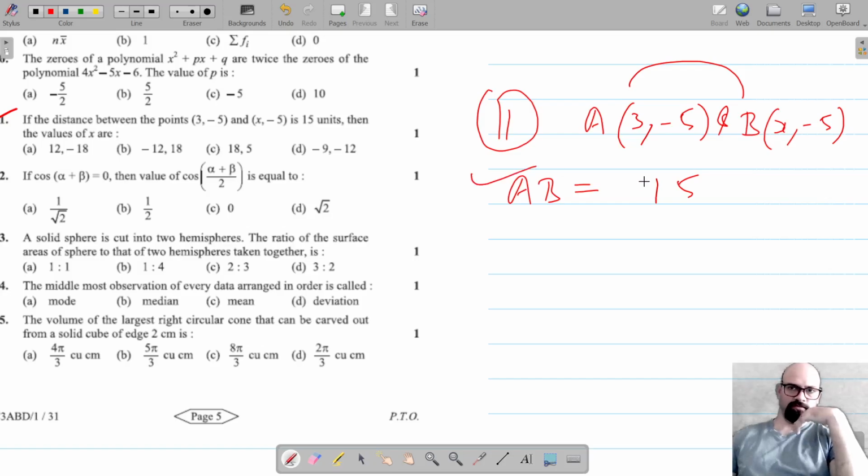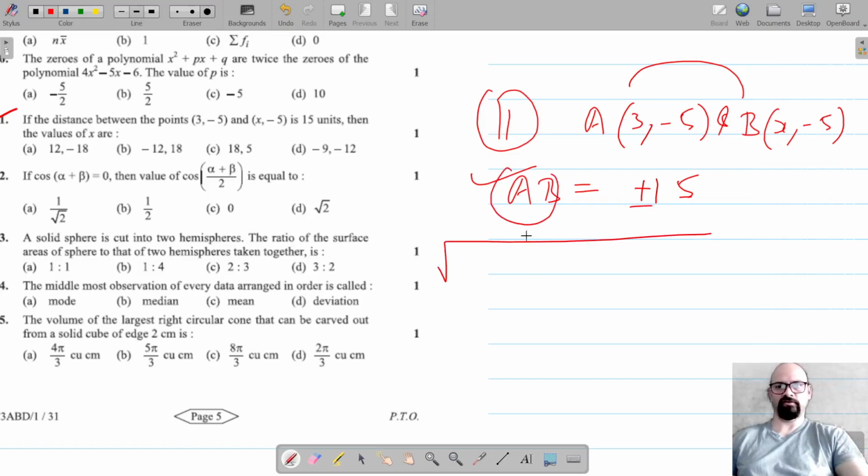Now this distance can be positive or negative, that is either in the positive x direction or in the negative x direction. So we are going to use a plus minus sign here, and AB we can find using the distance formula, which is the square root of x2 minus x1 the whole square plus y2 minus y1 the whole square, equal to plus minus 15.